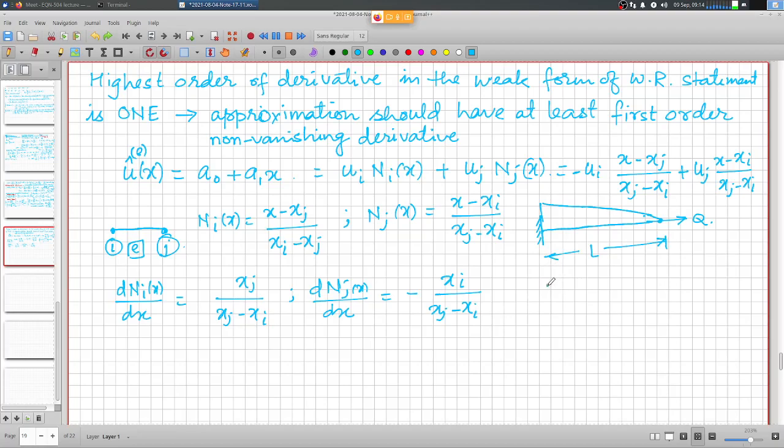Let us first look at a problem where this entire length is defined by only one element.